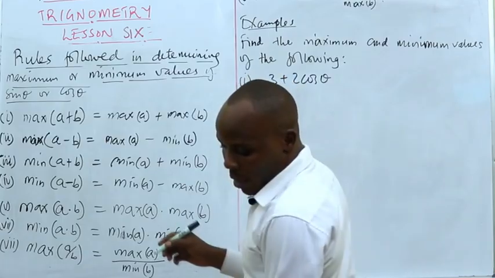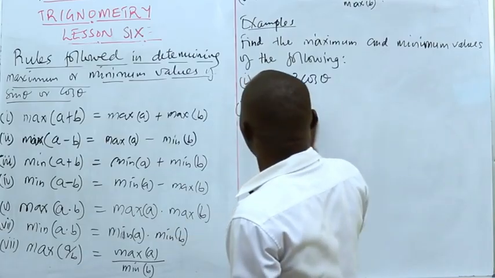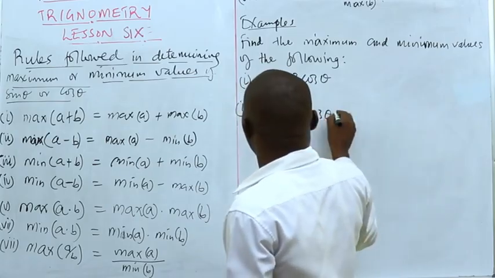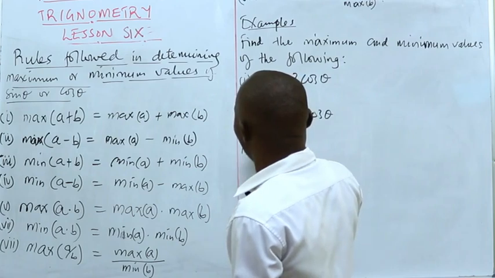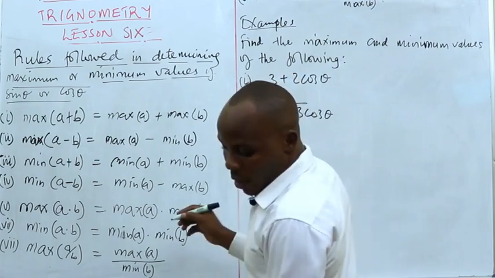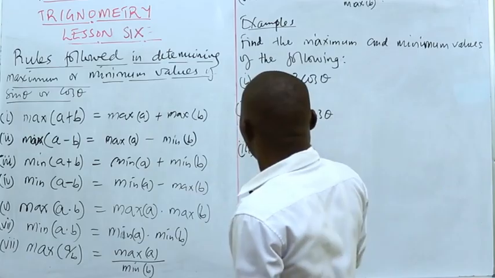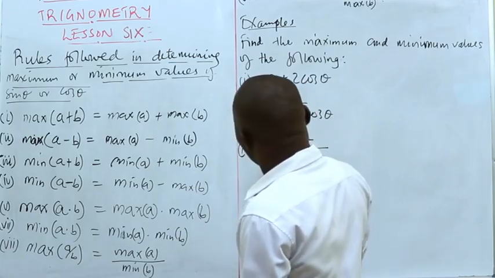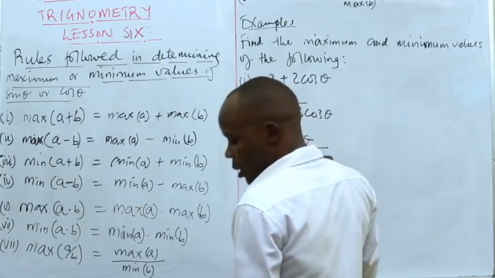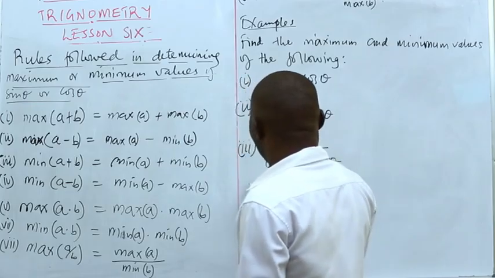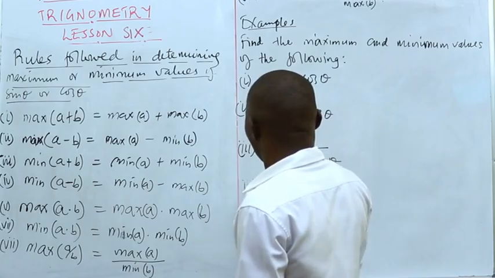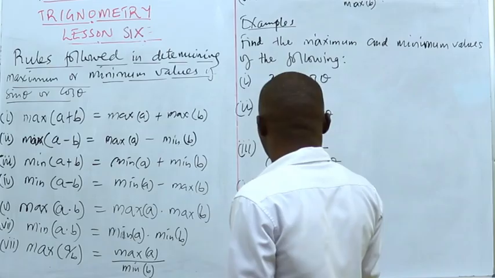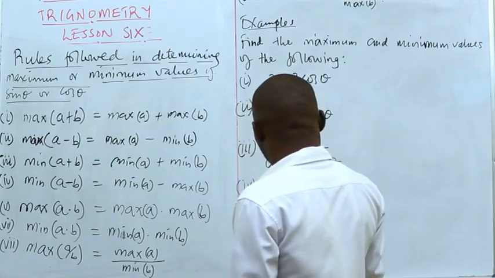The second one, we have 1 over 2 plus 3 cos theta. The third one, we have cos theta over cos theta plus sine theta, and we have 1 over 1 plus cosec theta.